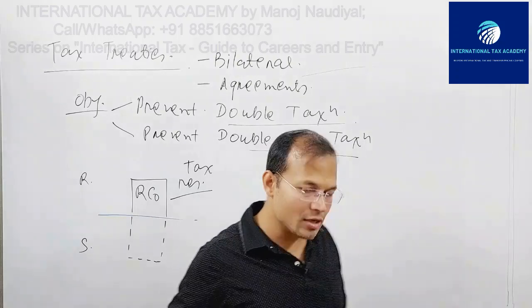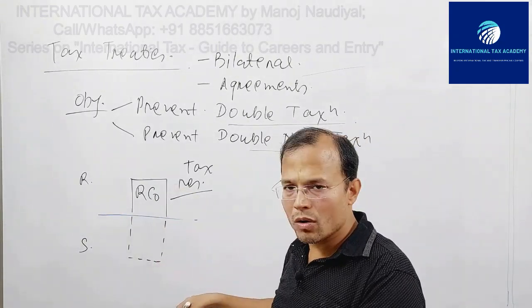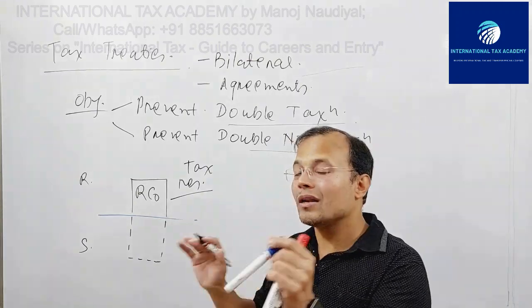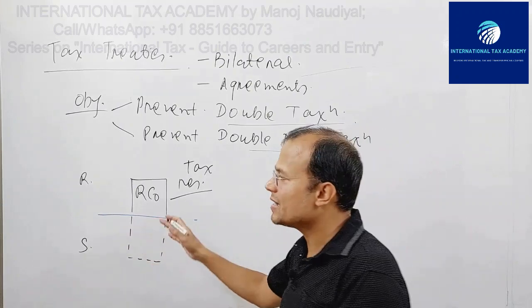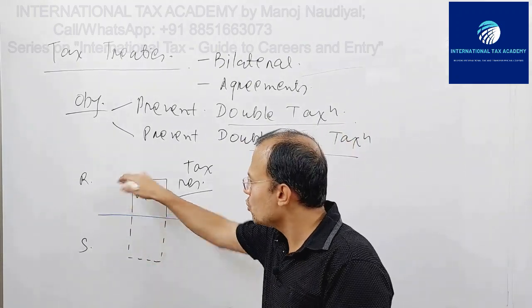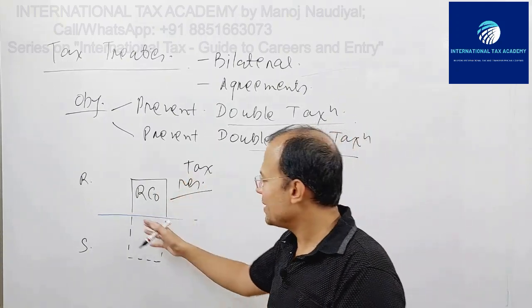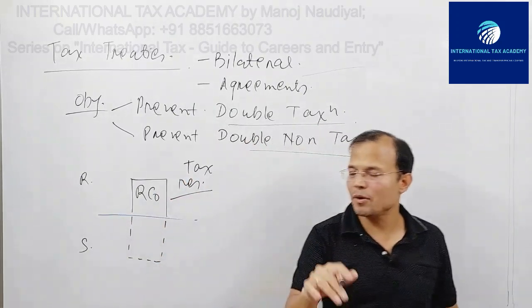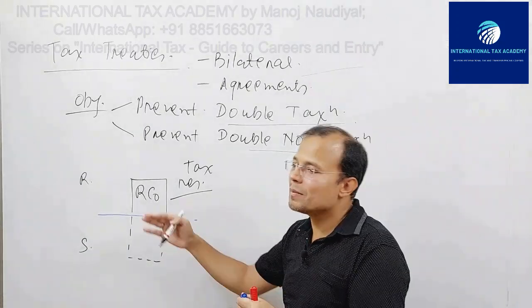Because this extension, which is a branch of RCO, is not legally a different person. It is not a legally distinct entity. RCO is shown by a firm line because it's a legal entity, but this extension is shown by a dotted line because it's not incorporated, it is simply an extension.